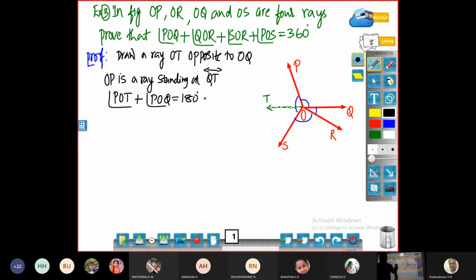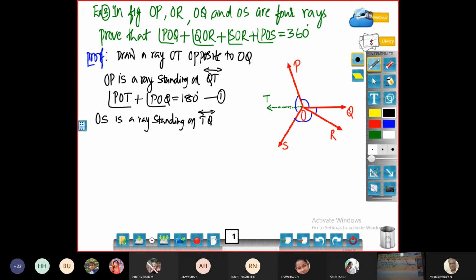Same way, OS is also a ray standing on the line TQ.